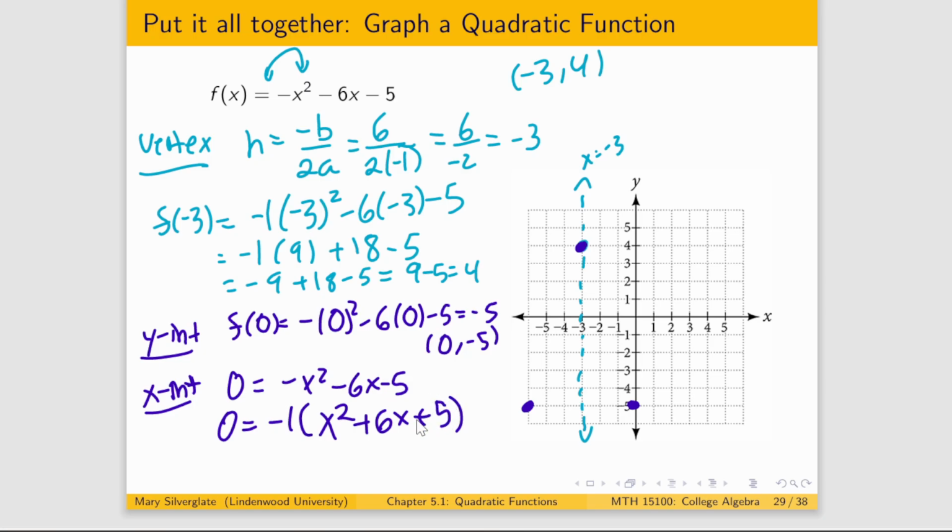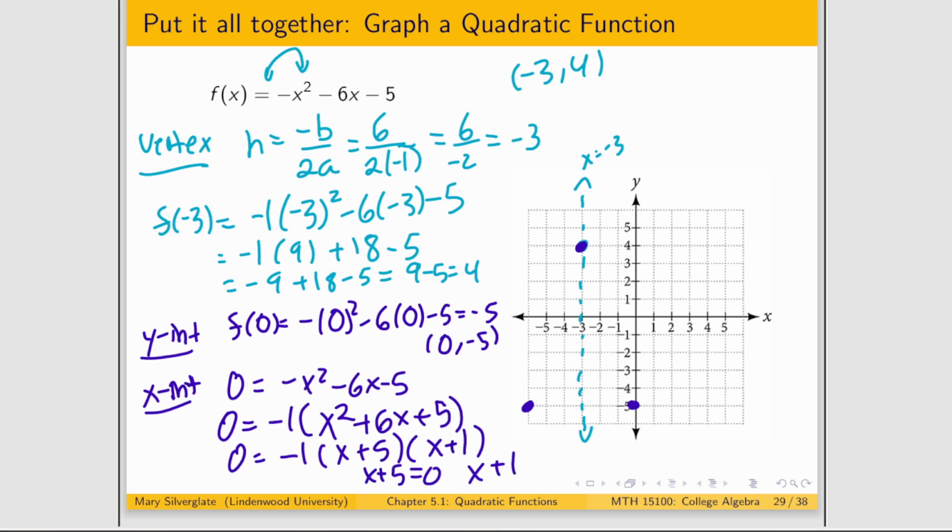Now I want to ask myself what multiplies to +5 and adds to +6, and that would be 5 and 1. So x plus 5, x plus 1. Then I can set my 2 mini equations, either x plus 5 is 0 or x plus 1 is 0. The -1 has no impact on this because if you set up -1 is equal to 0, that would just be a false statement, so it makes no contribution to the x-intercepts.